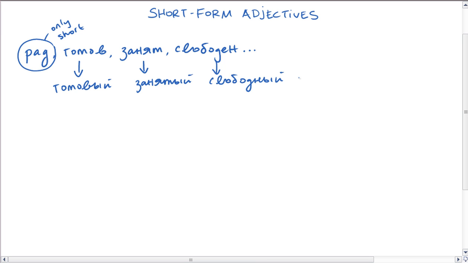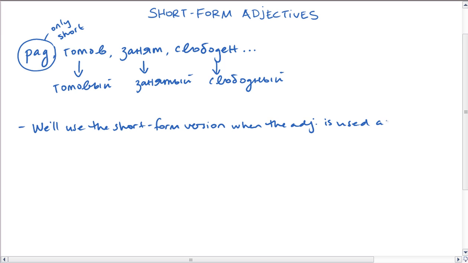So we're going to use the short form version of the adjective when the adjective is used as a predicate. So you'll see it'll come after to be.